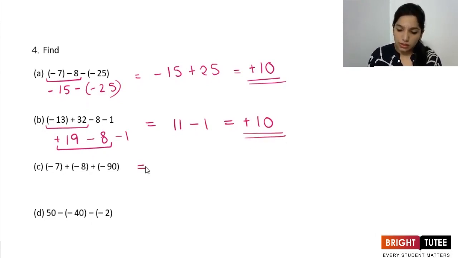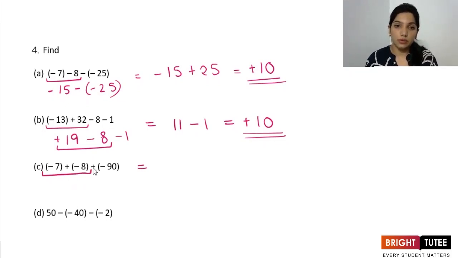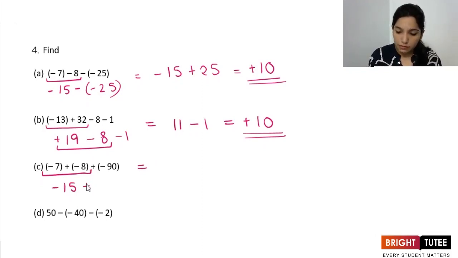The next one is minus 7 plus minus 8. So both the numbers are negative. We are going to add them. Negative integers are simply added together. So this becomes 15, and we simply put a negative sign because it's a negative and negative integer added together. Then we are left with minus of plus of minus 90. I hope you remember a plus and a minus sign together come out to be a minus sign.